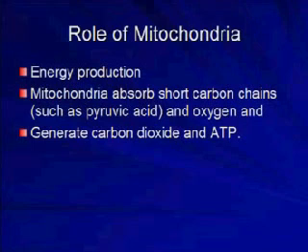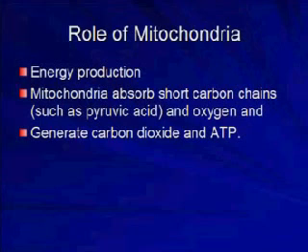Now, if you remember earlier in the lecture series, we talked about glucose and the ability of glucose to provide energy, but for glucose to provide that energy, it has to be broken down. Glucose is a 6-carbon sugar, and has to be broken down into a 3-carbon sugar, pyruvic acid, in a process referred to as glycolysis.